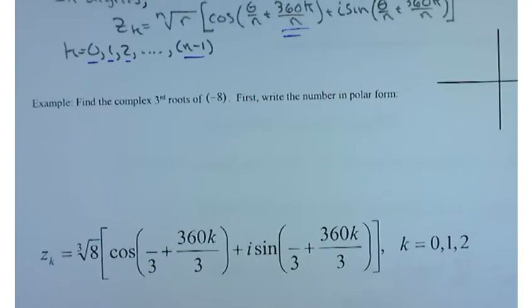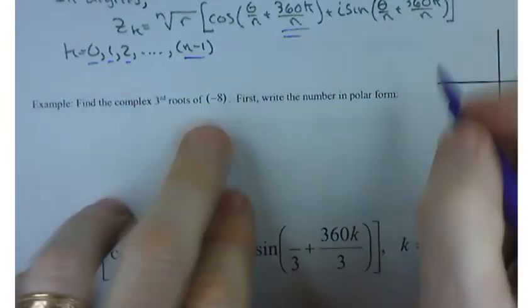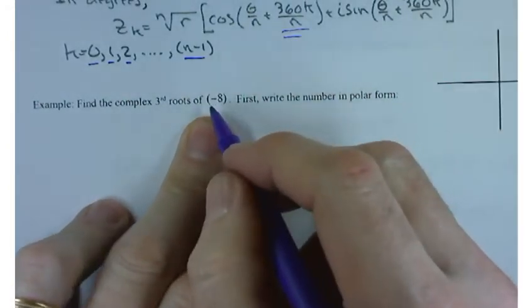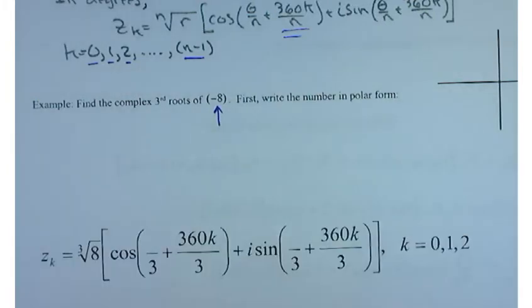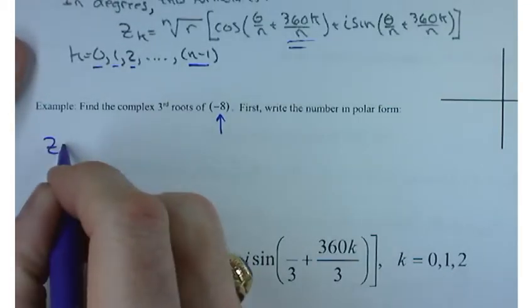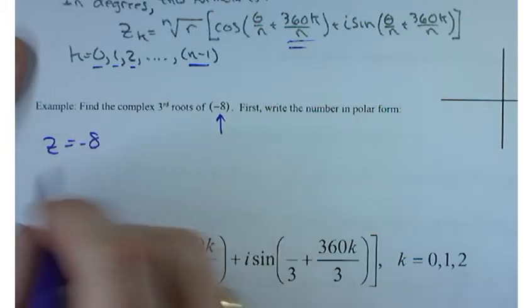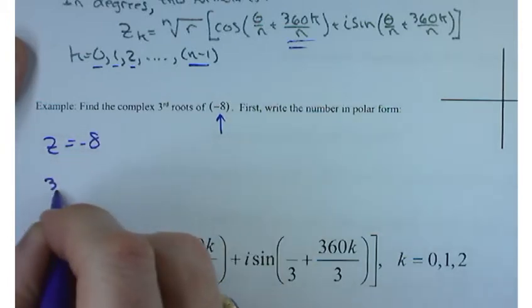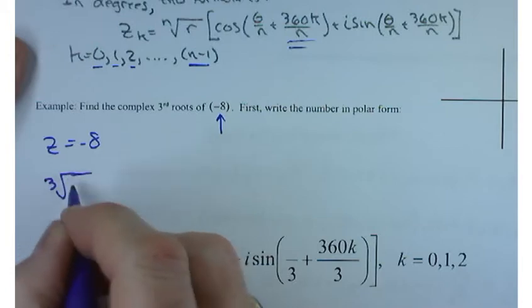All right. I didn't point here, but that one's okay too. Let's start out with negative 8. In order to find the three complex roots of negative 8, we're on z equals negative 8. I want the cube root of z, or the cube root of negative 8.